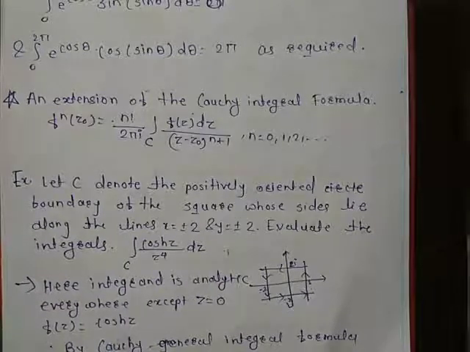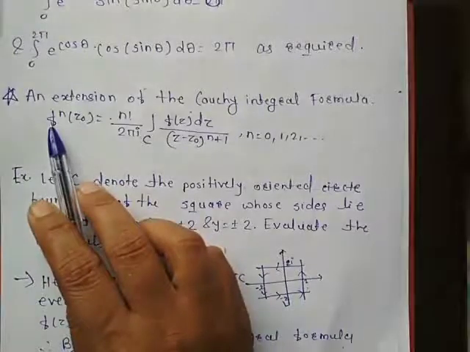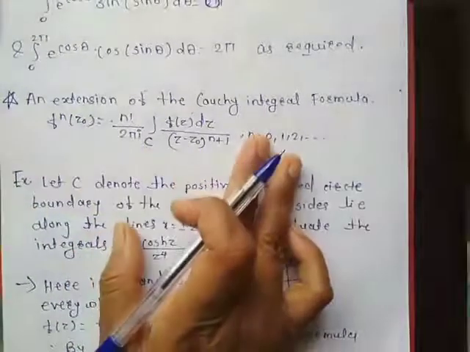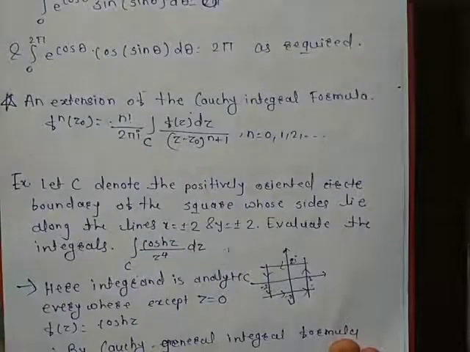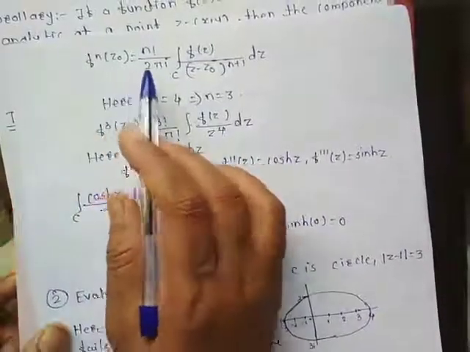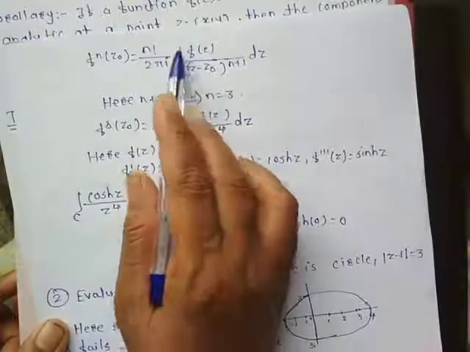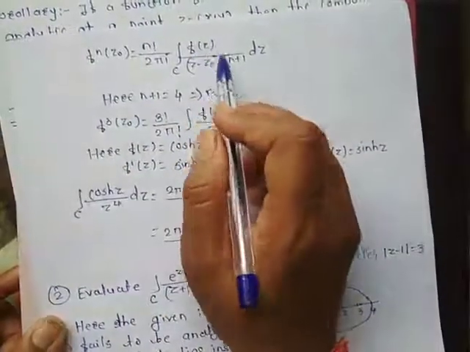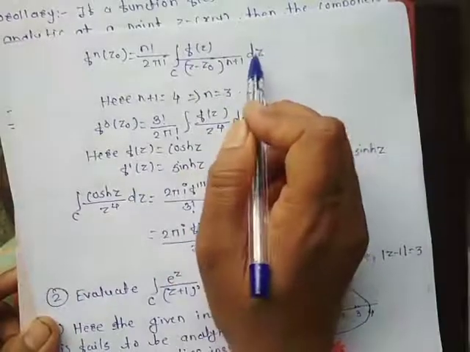So by the Cauchy general integral formula, which is the extension of the Cauchy integral formula, what happens? f raised to n of z0 is equal to n factorial upon 2 pi i times the integral over C of f of z upon (z minus z0) raised to n plus 1 dz.